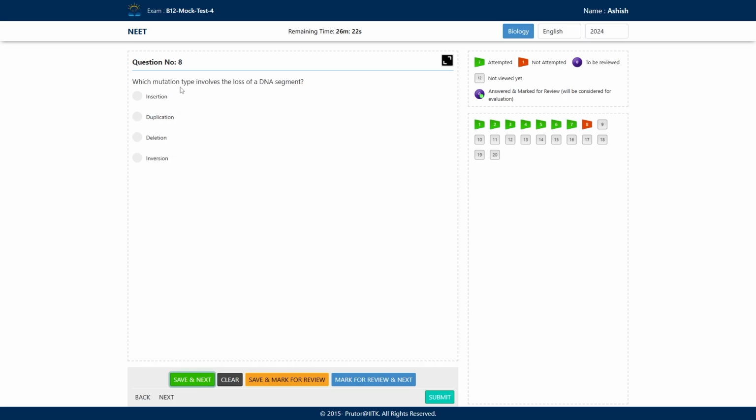Next is, which mutation type involves the loss of a DNA segment? In which type of mutation is the DNA segment completely lost? Options are insertion, duplication, deletion, or inversion. What will be the correct answer here?